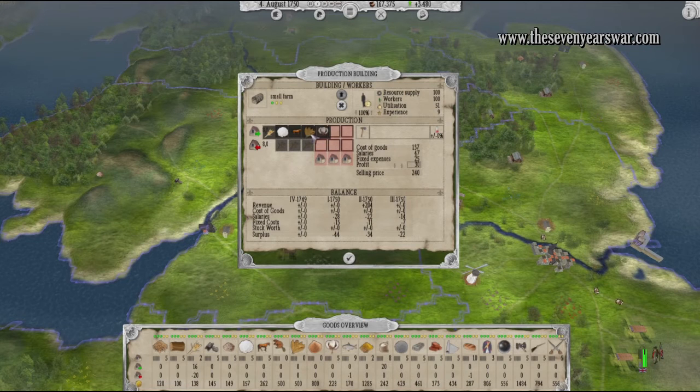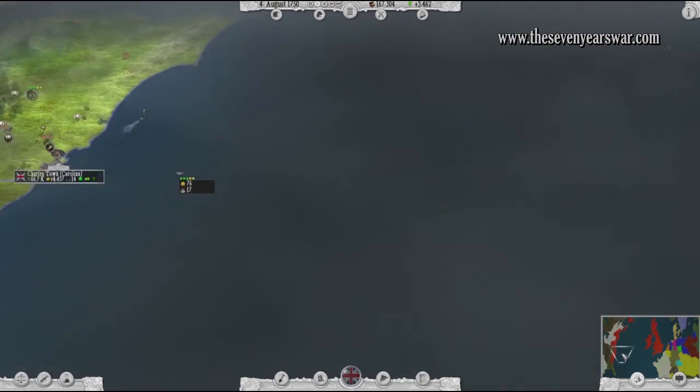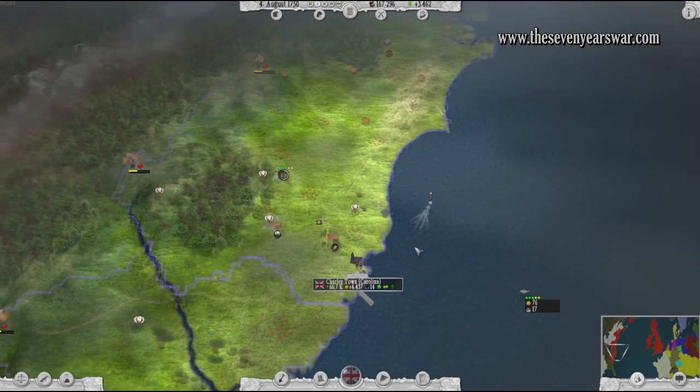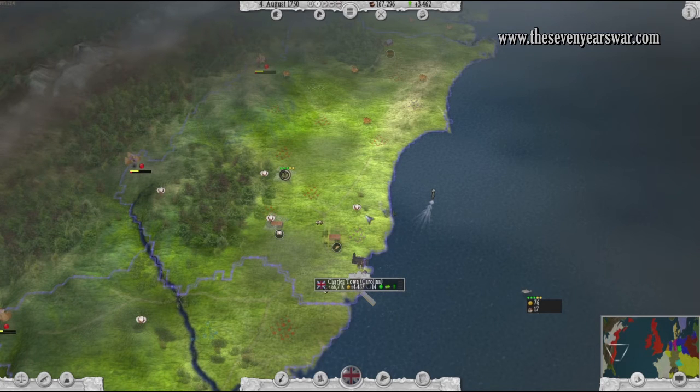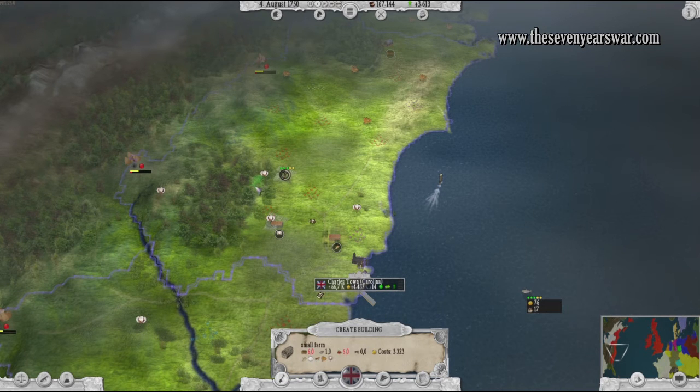You can't set tobacco or cotton here because for these two resources you will need special map resources, which you can see here in Carolina, for example. There you have cotton, the resource cotton, and you have to build farms next to it to harvest it.